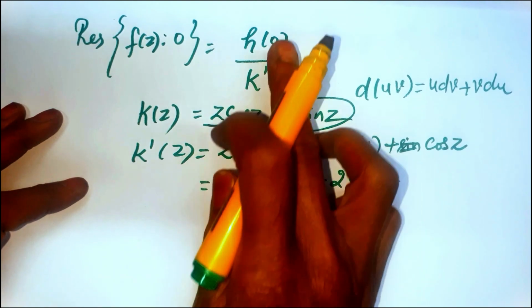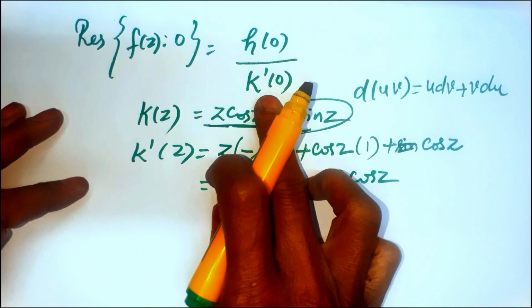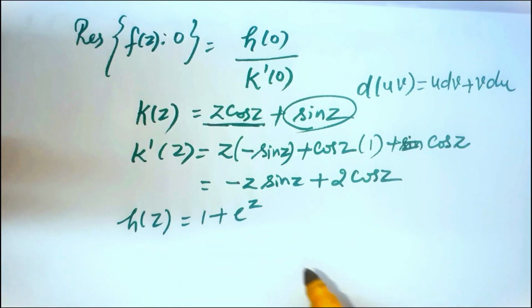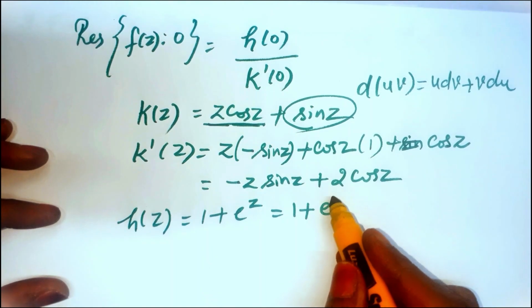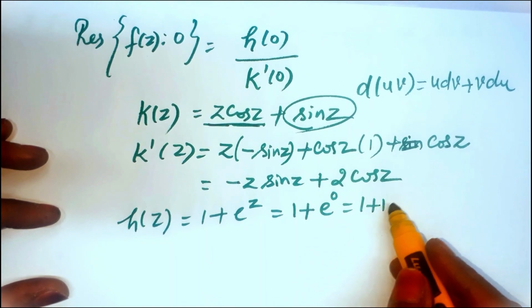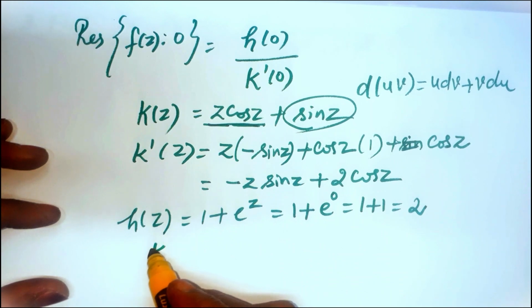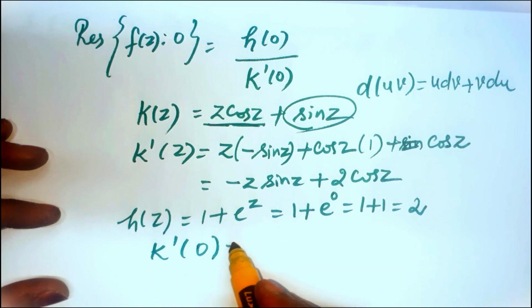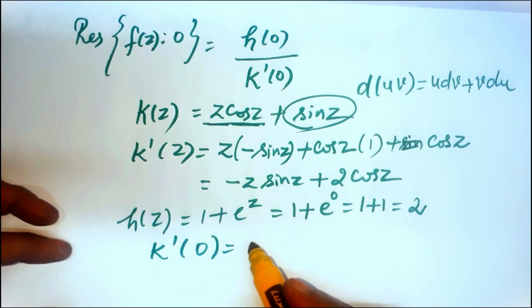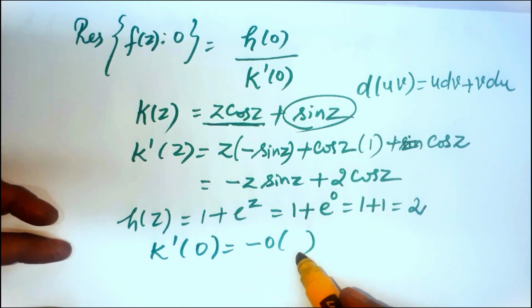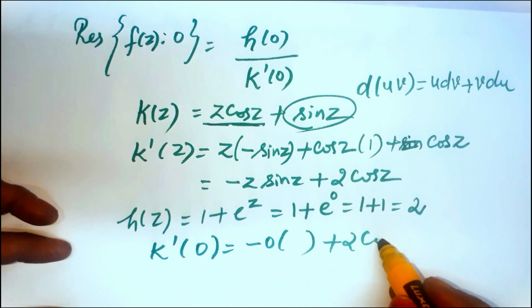Now we have to find what is h of 0 and k dash of 0. h of z is 1 plus e power z, which is equal to 1 plus e power 0, which is 1 plus 1, which is 2, right? So k dash of 0, which is equal to, k dash of 0 means what? This is minus 0 into anything, it is 0, plus 2 into cos 0.